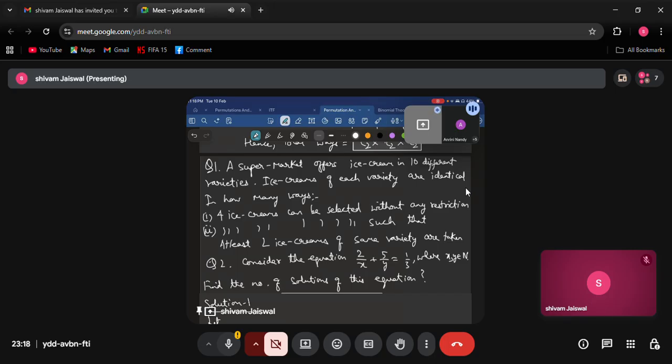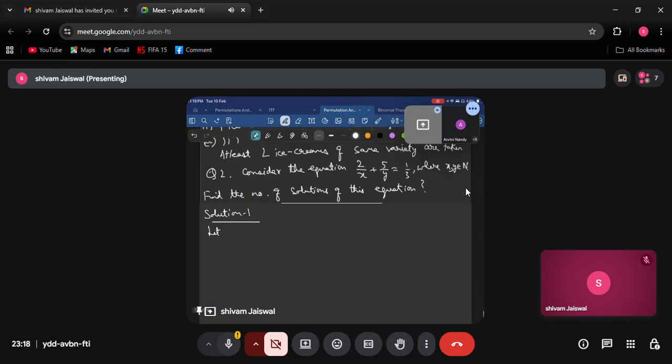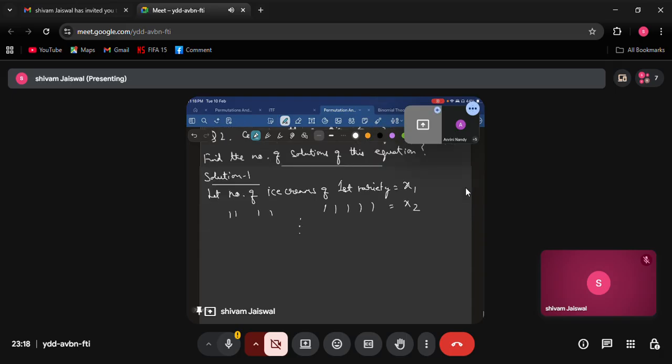Yes, only right answer. So let the number of ice creams of first variety be x1. The number of ice creams of second variety chosen will be x2, and so on.